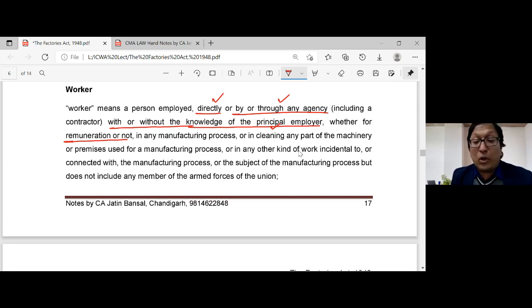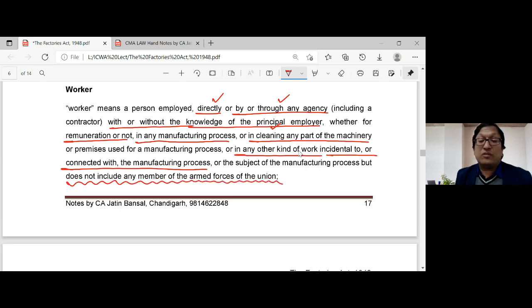Worker means a person that is employed directly, or through some contractor or agency, with or without the knowledge of the principal employer, whether for remuneration or not, in any manufacturing process, or in cleaning any part of machinery or premises used for the manufacturing process, or in any other kind of work which is incidental to or connected with the manufacturing process, but does not include any member of the armed forces of the Union.